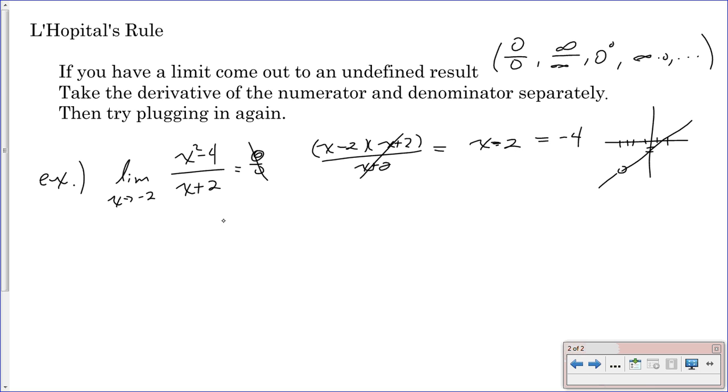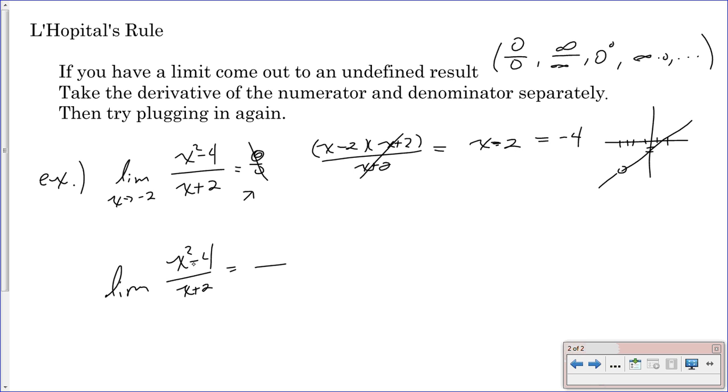Now, because sometimes factoring can be a little tricky, here's how you do it with L'Hopital's rule. The limit of x squared minus 4 over x plus 2. Remember, since this gives us an undefined result, 0 over 0, the first thing we're going to do is take the derivative of the top.